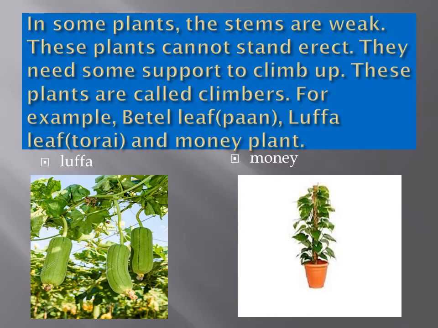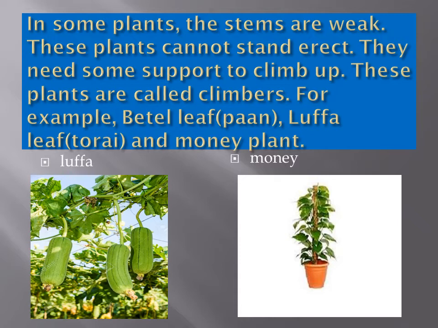In some plants, the stems are weak. These plants cannot stand erect. Erect means straight. They need some support to climb up. These plants are called climbers. For example, betel leaf, the pan, loofah, torei and money plant.